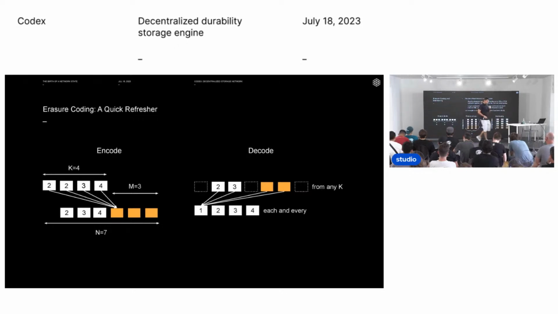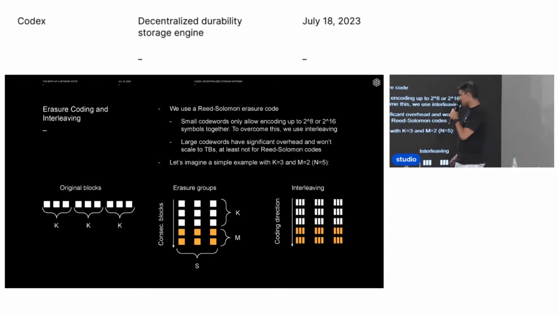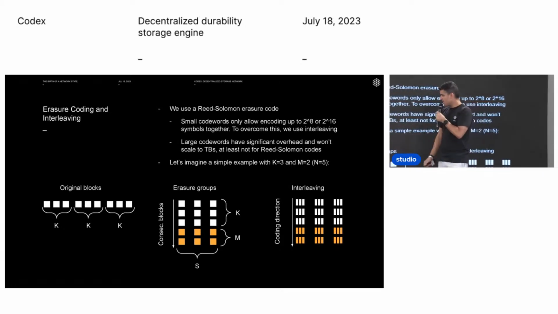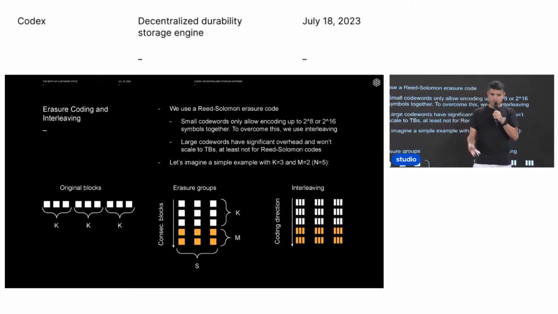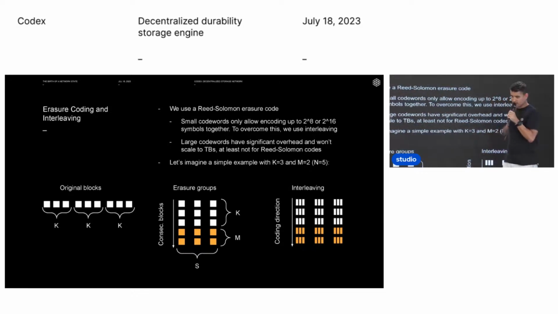So how would you implement this in Codex? Well, it's pretty straightforward. We have the original data set that we divide into blocks of data. We decide what the parameters for erasure coding are going to be. So k, in this case, is equal to 3, m is equal to 2, so n, which is the sum of k plus m, is equal to 5.